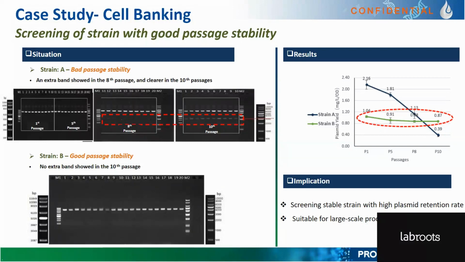This extra band material will be difficult to remove during downstream processing. On the other hand, strain B over here shows no extra band even at the 10th passage. Furthermore, the second strain exhibits great stability with a high plasmid yield and retention rate, making it more suitable for large-scale production, as no plasmid would be lost during the scaling up process using this good strain.